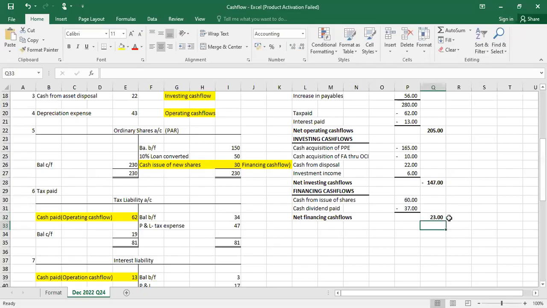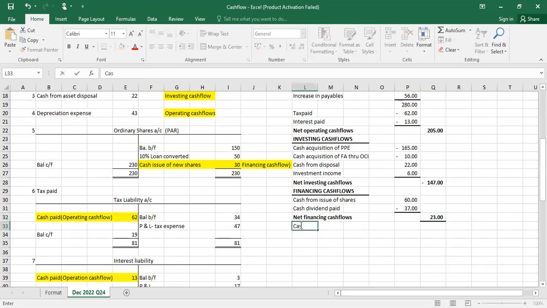And so we get plus 23. Because that is it, then we can compute the change in cash and cash equivalents for the year.